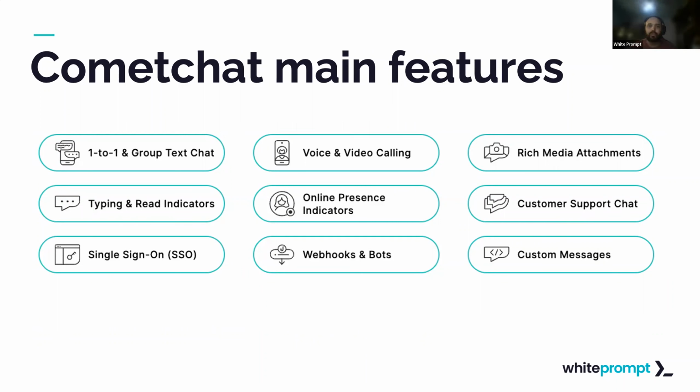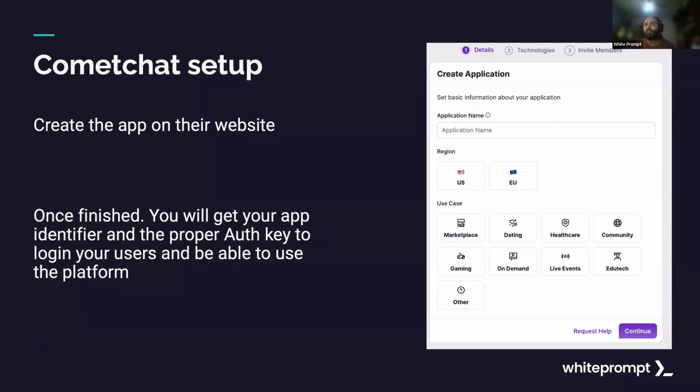So how you need to implement Cometchat is really easy. First of all, you need to go to their page and create the app. You have some trial setups there that will let you use, I think currently it is 25 active users. So you can develop the application with no issues.